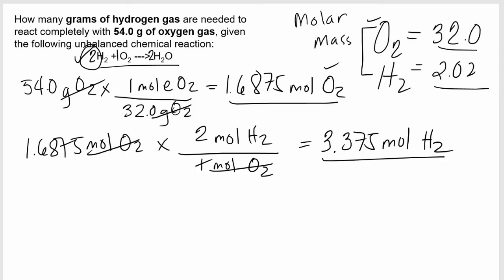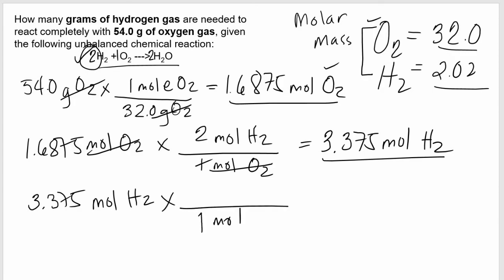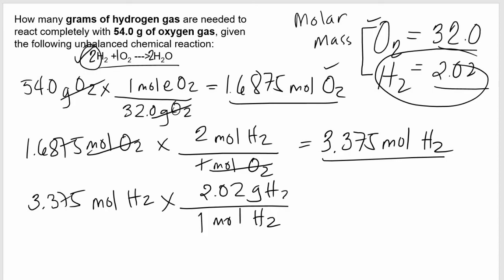So we will have a mole to mass conversion, 3.375 mole of H2 times 1 mole of H2 is equivalent to the molar mass, which is 2.02 grams H2.